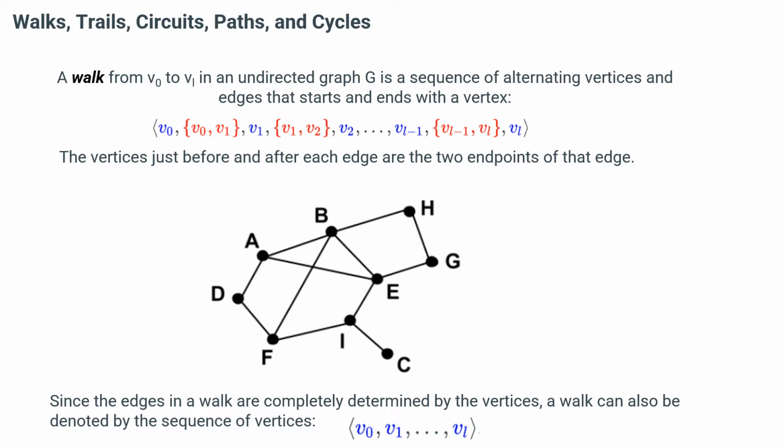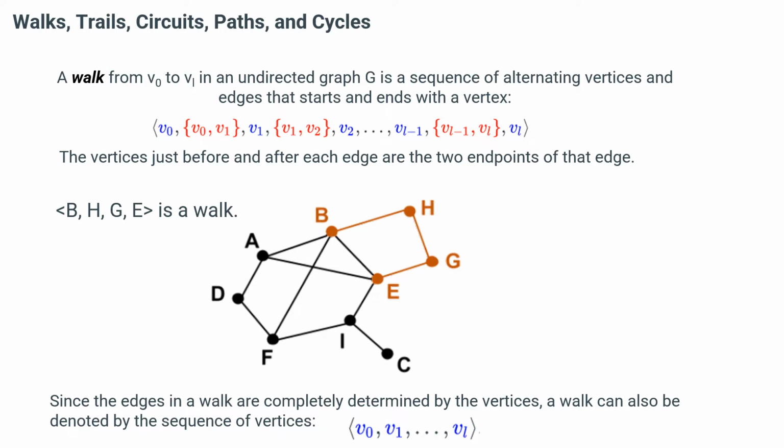Here we might see, and I'm just going to use the standard less than, greater than symbols because that's all I have on my computer, B, H, G, E. That would be like starting at B, walking to H, walking to G, walking to E. You see that there are lines where I would want to go.